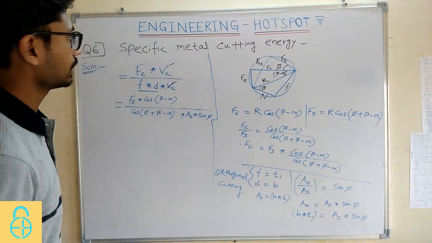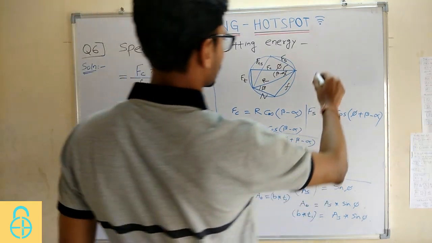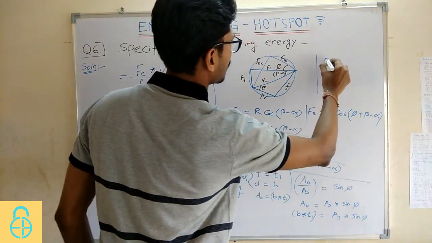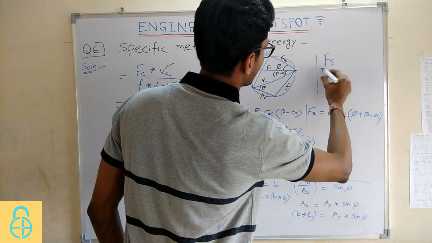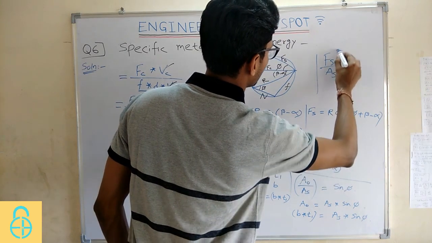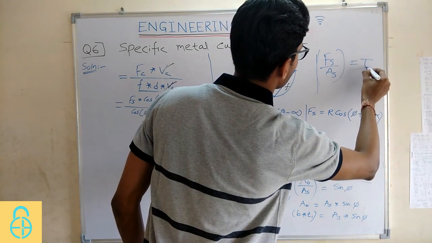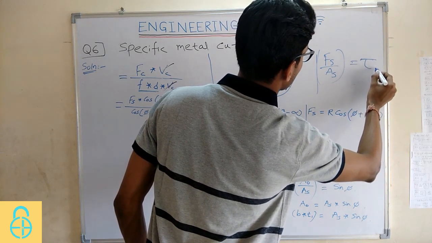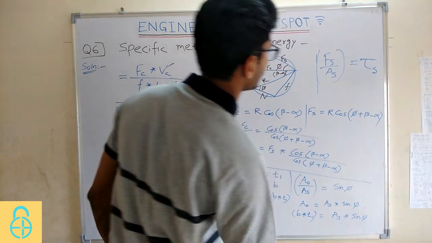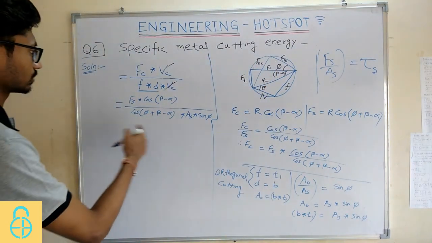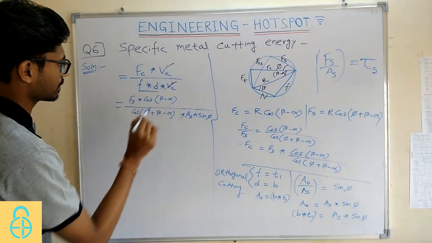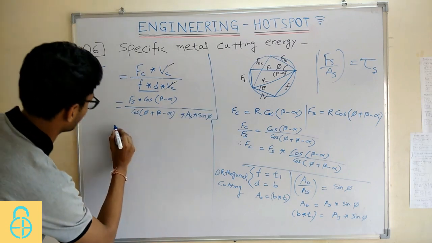Now, if you see, we are getting this term Fs divided by As. This is actually the shear stress. So change this Fs divided by As with tau s.